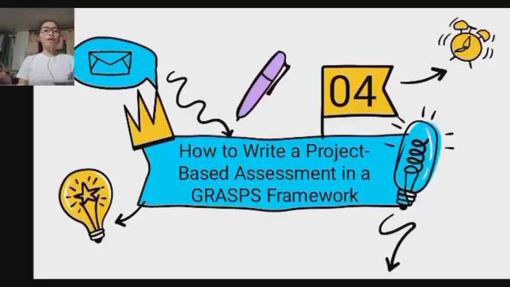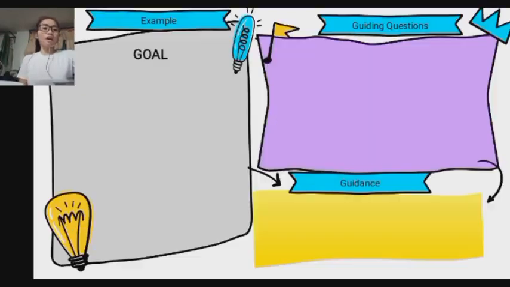Alright, so in writing a project-based assessment, there are lots of guidelines and guide examples that we need to follow in order to effectively make such project-based assessments. So let's explore and discover. For example, first, in making a goal, there are guiding questions here.